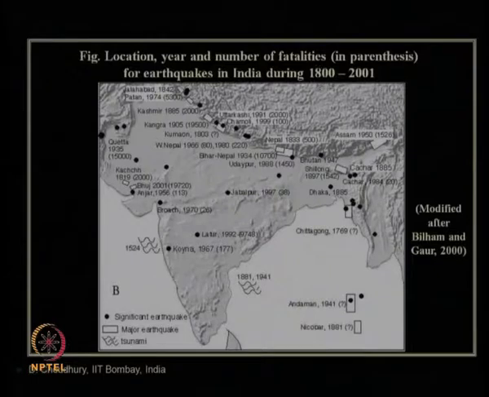So, there are many earthquakes in India and the extended India region which we experienced during the period of 1800 to 2001, including the Bhuj earthquake of 2001, which is pointed out over here. You can see the number of fatalities.